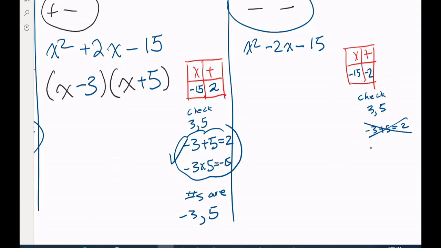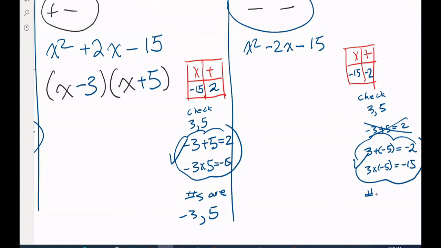Cross that out. And so then you try positive 3 plus negative 5. And if that equals our middle number at the end, we're good. And 3 times negative 5 equals negative 15, which is what we want.